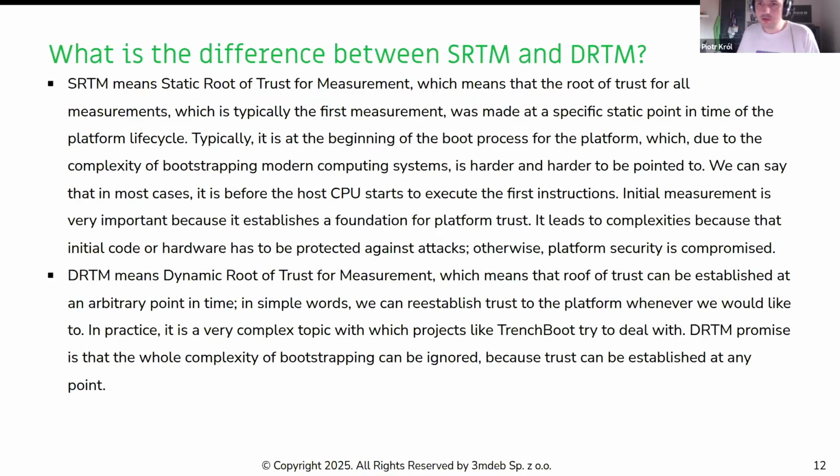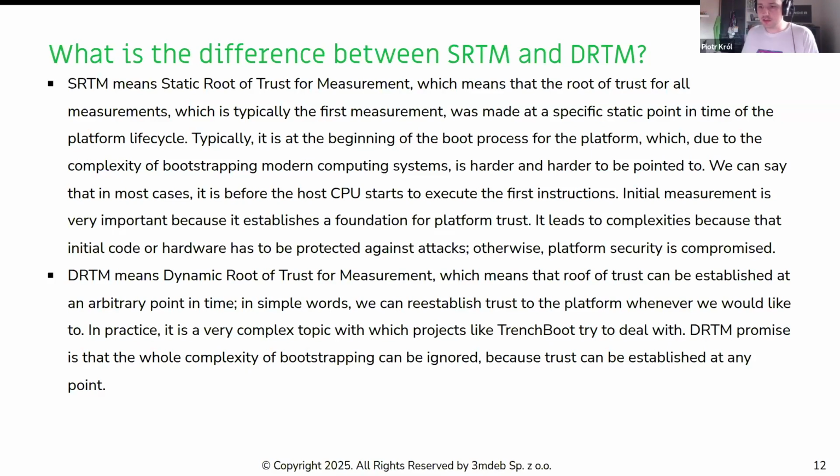Okay, so there are two main, let's say, worlds of root of trust. In this case, root of trust for measurement. Root of trust for measurement is essentially related to TPMs. In PCR0 of the TPM, the first register which keeps the measurements, we typically store the initial measurement of the first code running on the main CPU.